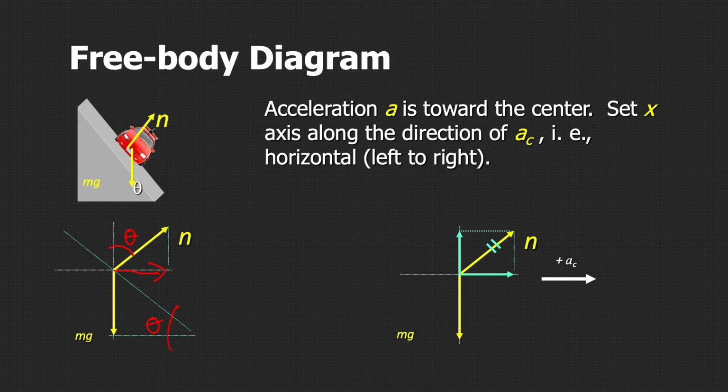This angle is equal to this angle, and again this is also theta. So to get the components of the normal force, we can say that this y component is equal to n cosine theta, since it's the adjacent side of this angle theta. If you want to get this x component, this is n sine theta, since it's the opposite side of the angle theta.